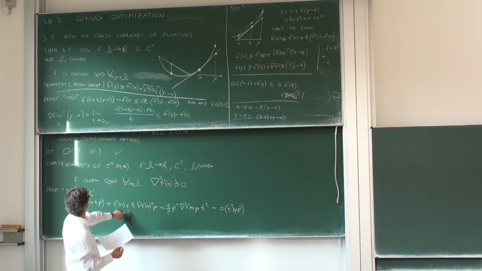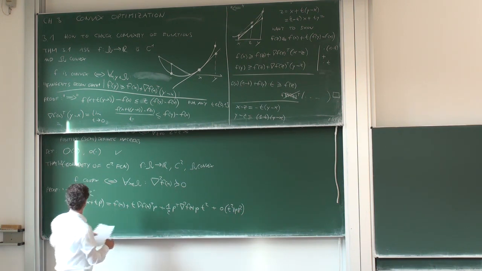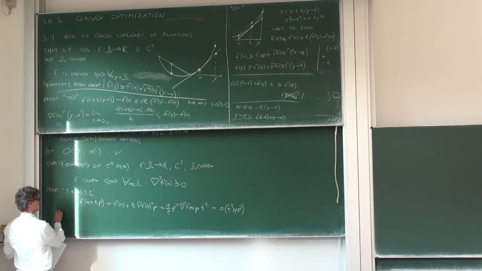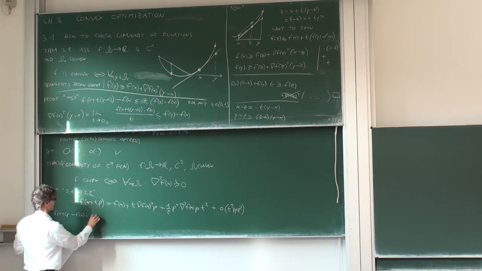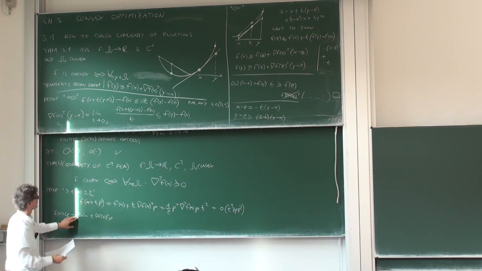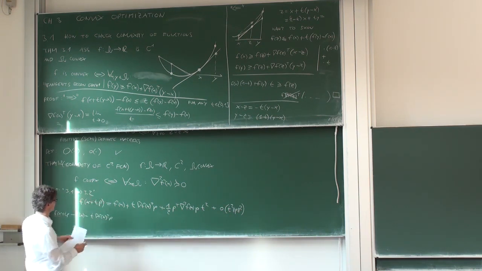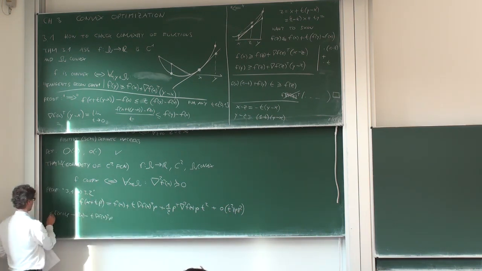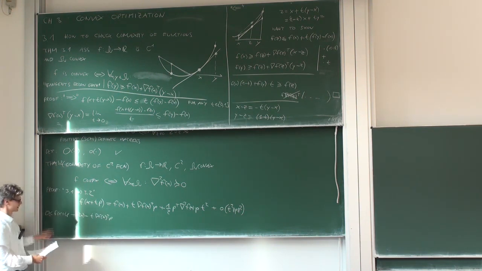What we know from convexity is that this whole thing, f of x plus tp minus f of x minus t nabla f x transpose p, must be bigger than 0 due to convexity.